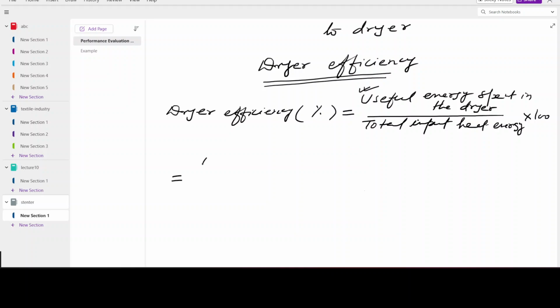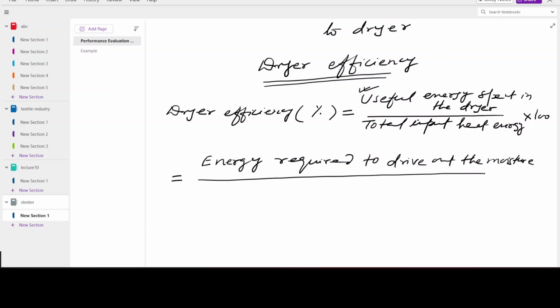This is equal to energy required to drive out the moisture, as we have seen just a few minutes ago, divided by total input heat energy.